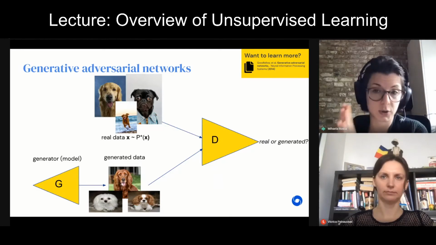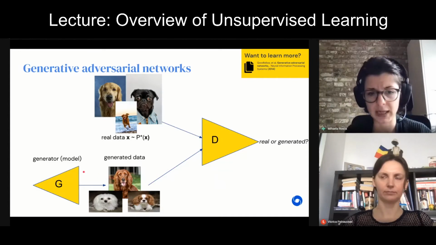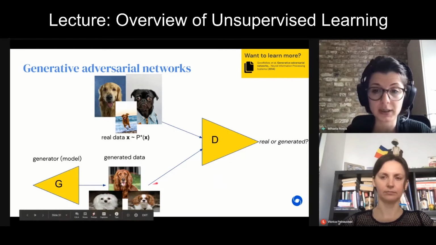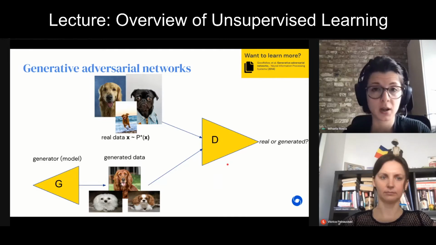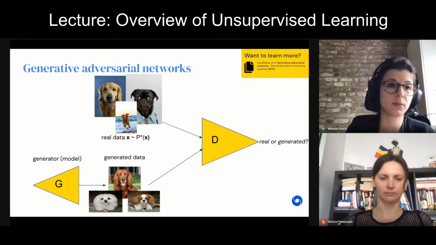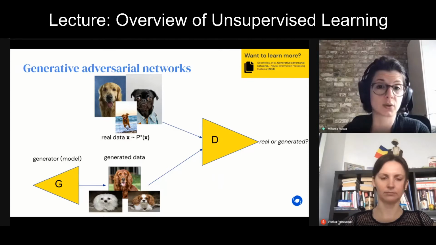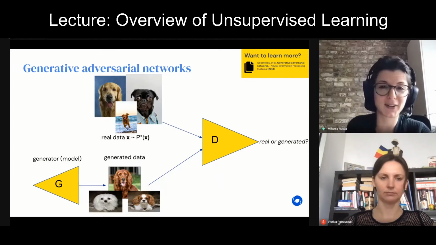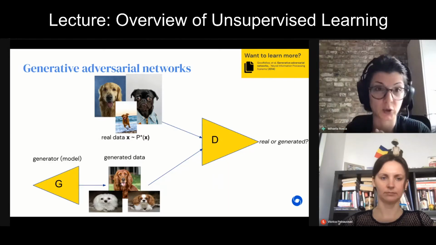Once the discriminator is trained, we can tell the generator to, for example, update its parameters to generate data that's so good that this improved discriminator can no longer tell the difference. So the intuitive idea here is that the discriminator improves, then the generator has to become better to fool this discriminator, then the discriminator has to become better to distinguish between data and samples. So it's this intertwining between the two players.